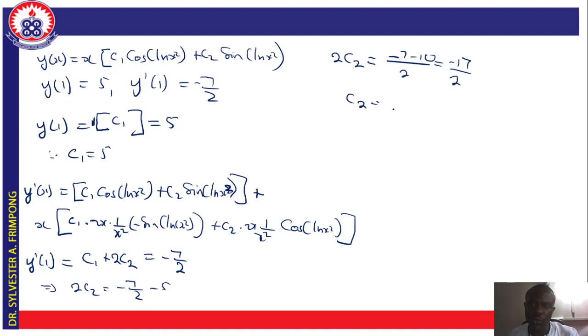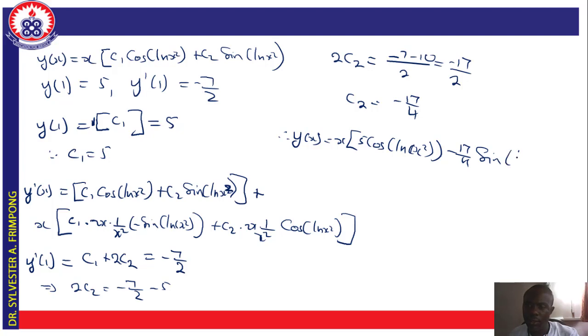Therefore, c2 is -17/4. So we have c1 to be 5 and c2 to be -17/4. So we can therefore say that the solution we are looking for is x multiplied by 5 cosine of ln x squared minus 17/4 sine of ln x squared.